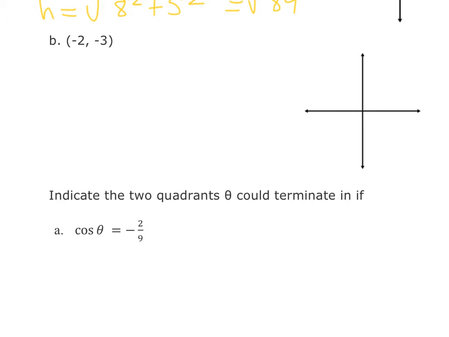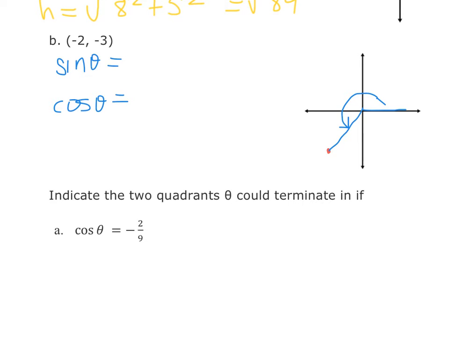All right, next one, we've got a point -2, -3. If we plot that point, let's have it about right there. So the angle that's created with that on its terminal side is like that. And again, we're going to want sine theta and cosine theta.